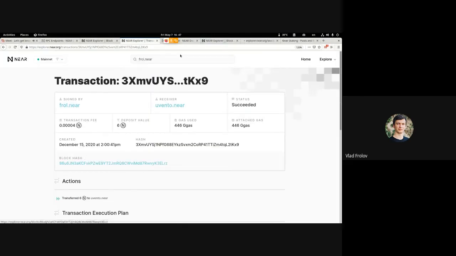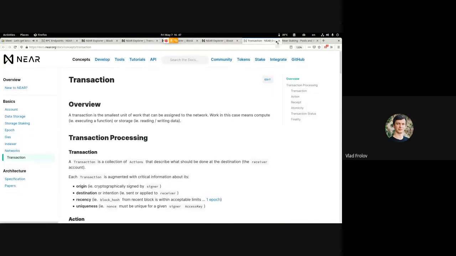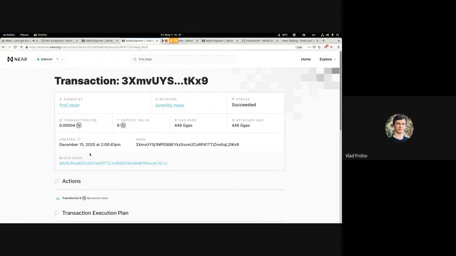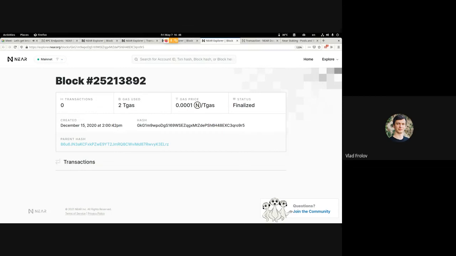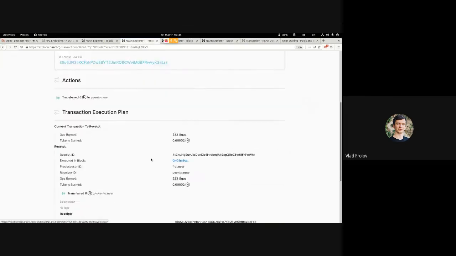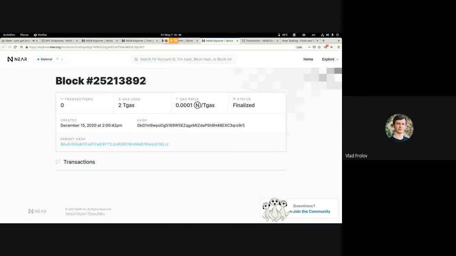So let's open those two up. So this is one. 8606 has the number 91, and the block where this receipt transferring 6 tokens was executed is essentially the next block, the 92nd block.